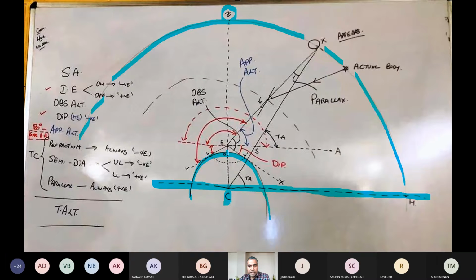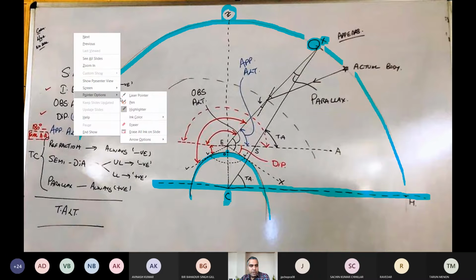We have the observer somewhere here, and the observer is watching a body. This X which I have shown here is a celestial body which the observer is watching. If you want to identify the true altitude in this diagram, let me show you with a different color.